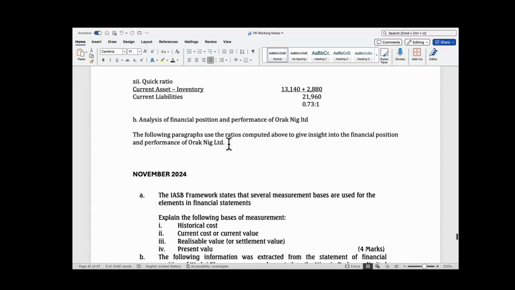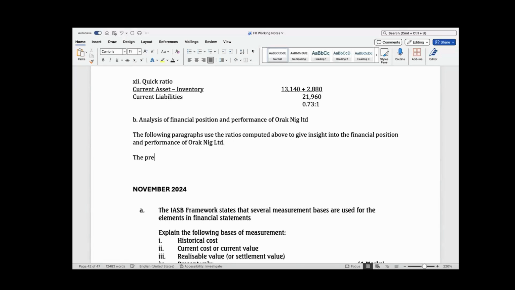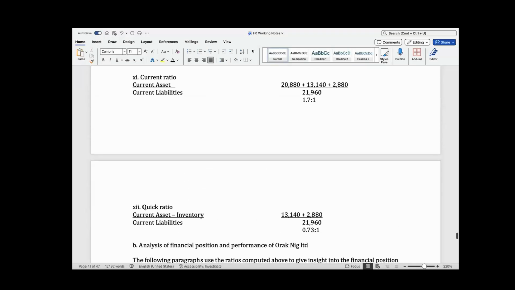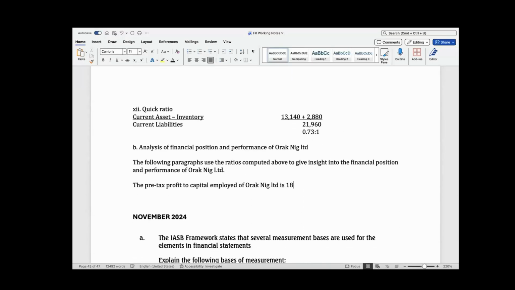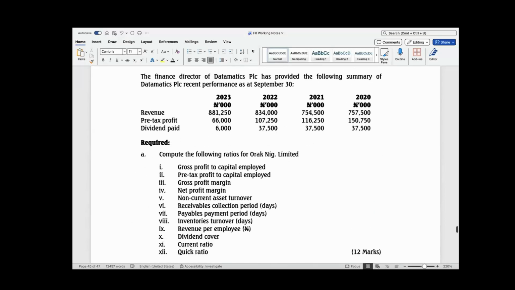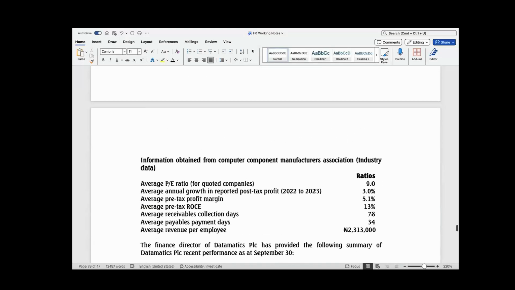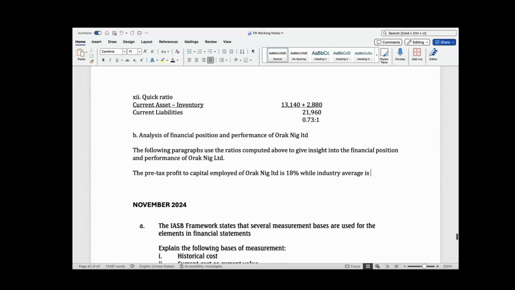I can see that the pre-tax profit to capital employed of Oracle Nigeria Limited is 18%, while the industry average is 13%.